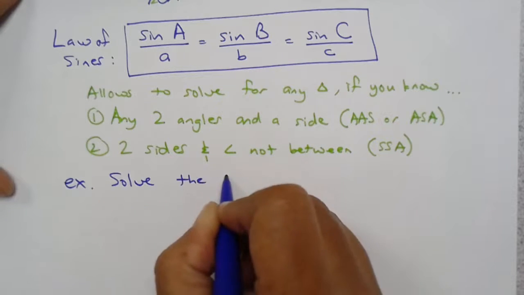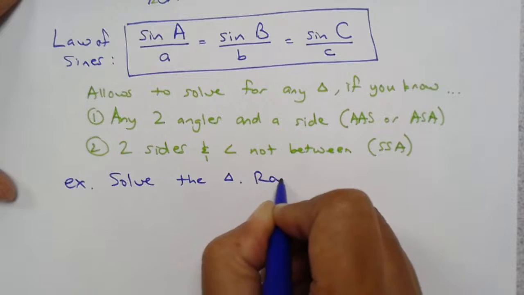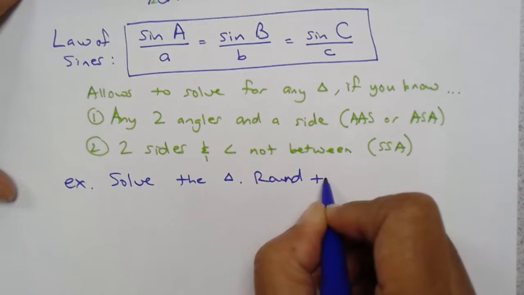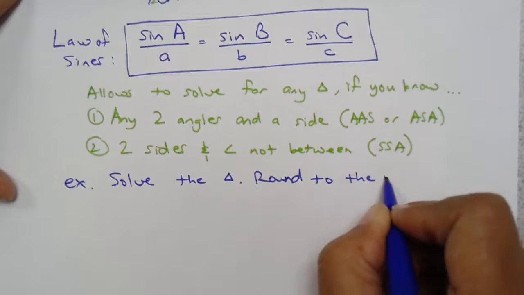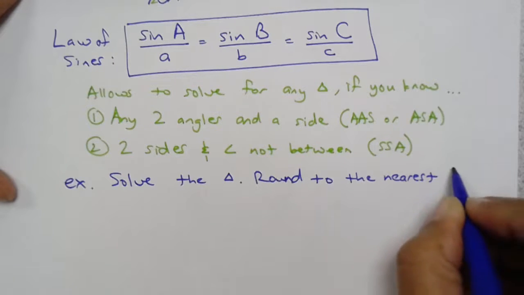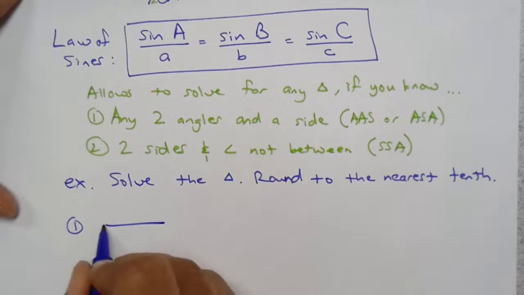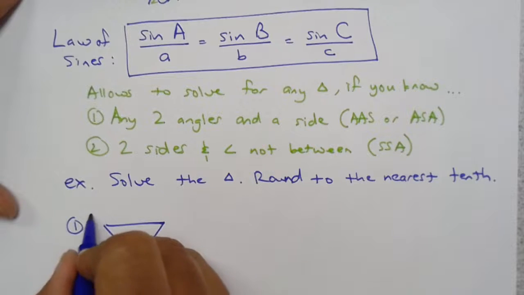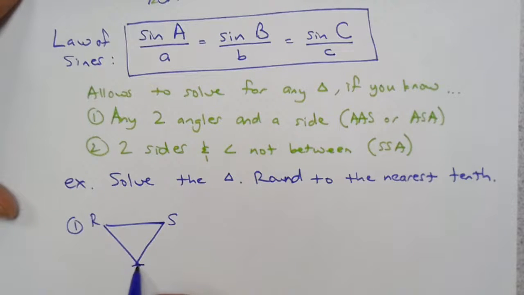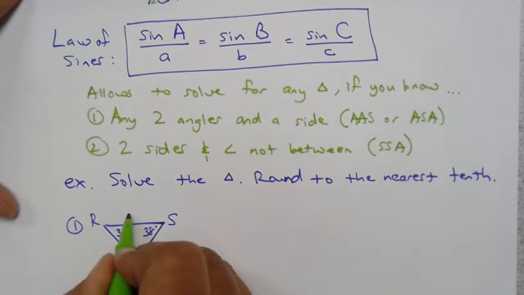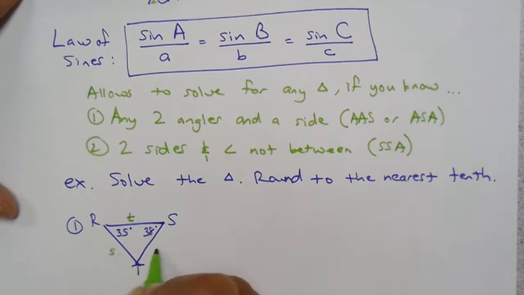Solve the triangle and round to the nearest tenth. And this is an S, not a 5.